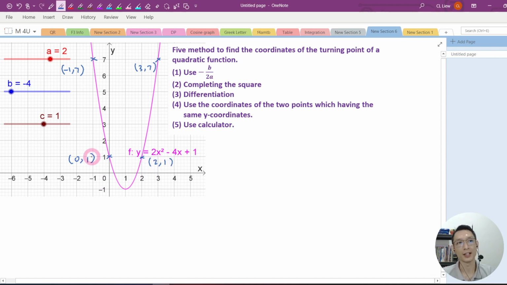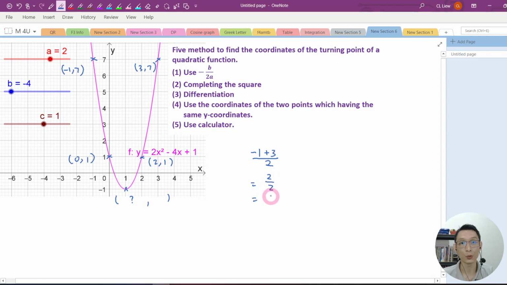Same y coordinate. Now, we can use their coordinates to help us get the x coordinate of the turning point. So what you need to do, just find the mean of these two x coordinates. What do I mean by this? You just take -1 plus 3 and then divide by 2. Now, -1 plus 3 is equal to 2.